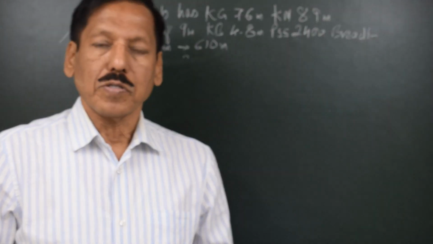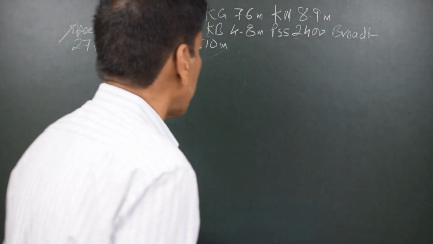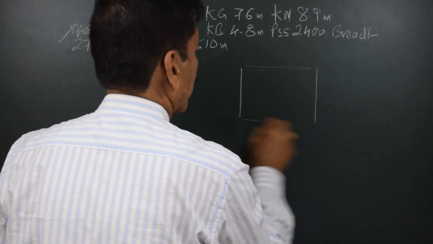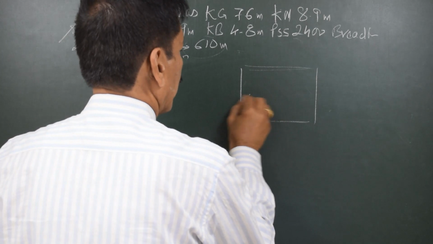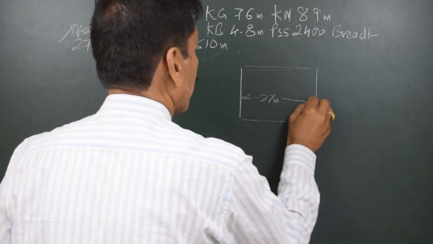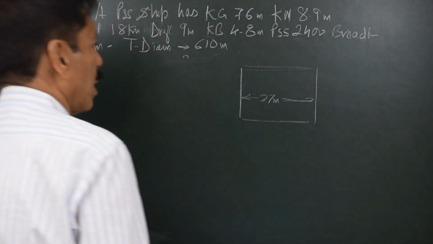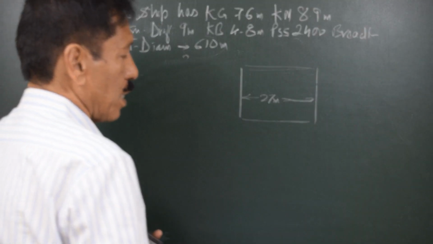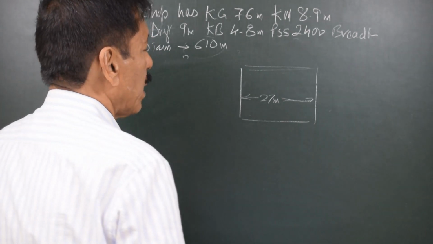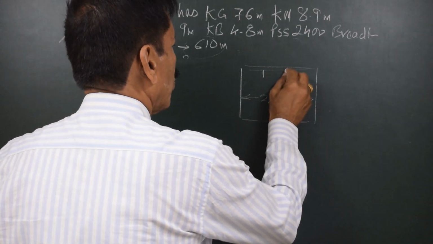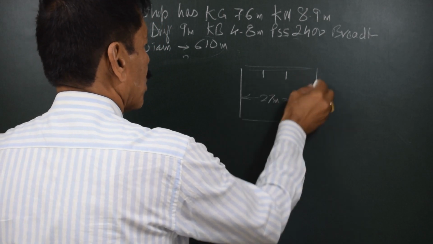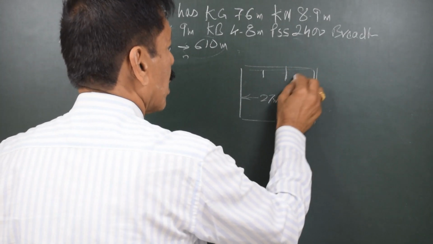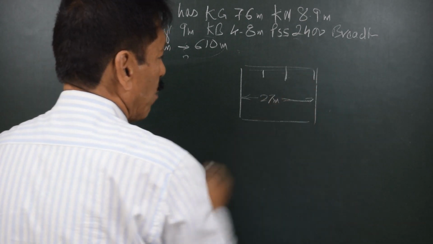Let us see if the ship satisfies the other criteria. You can see the ship is 27 meters in breadth. Let us say initially the passengers are distributed all over and they are relaxing, in sitting posture, and then let us assume that the passengers, instead of being all over, are concentrated in say 1/3 of the breadth on any one side.